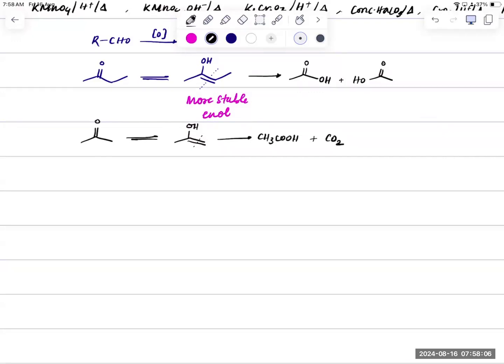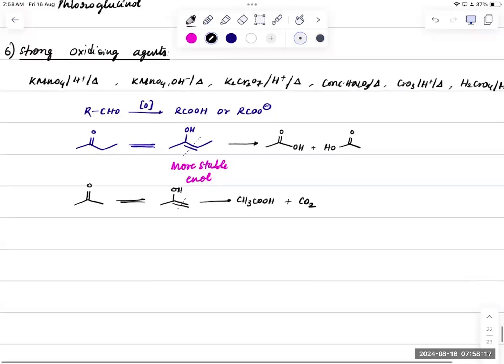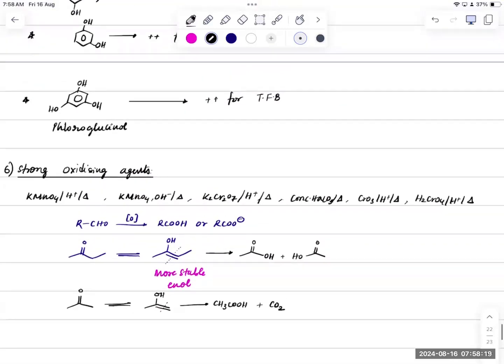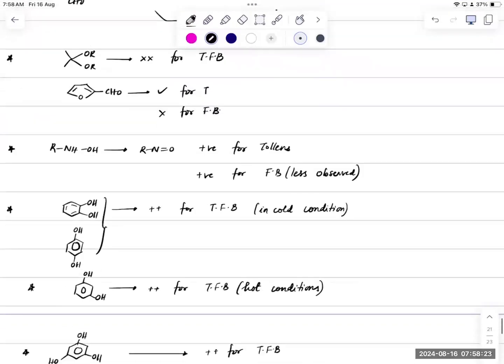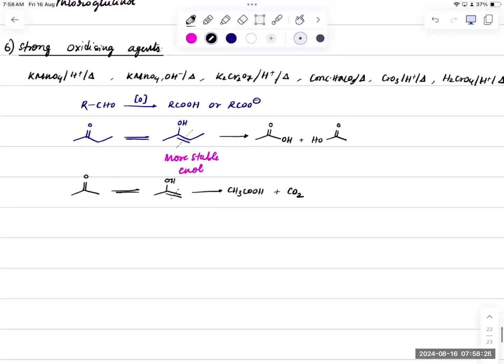Okay, that is one thing you should remember. This is called Popov's rule. I told you this before, what happens with Popov's rule. So I hope all of you understood what the oxidizing agents are here. Next.